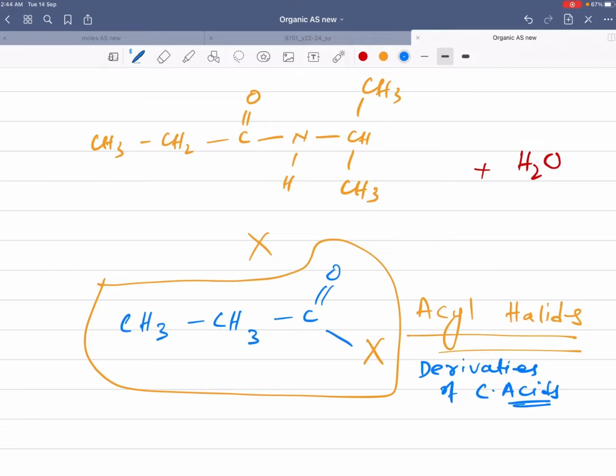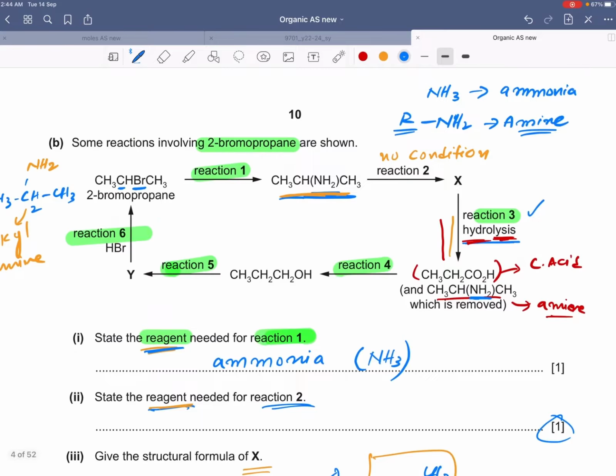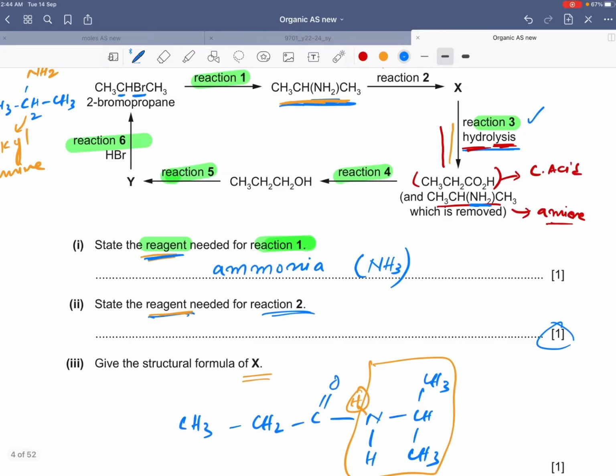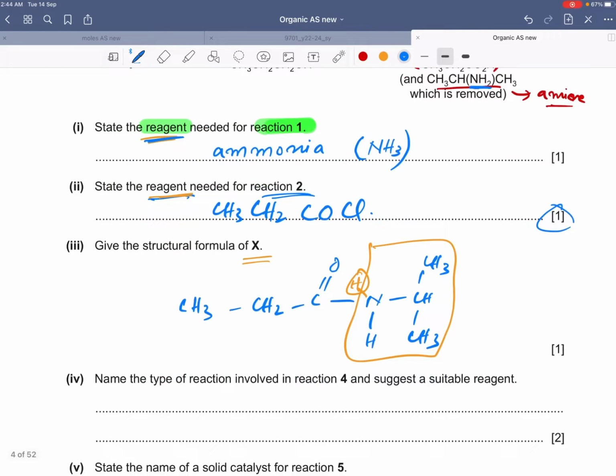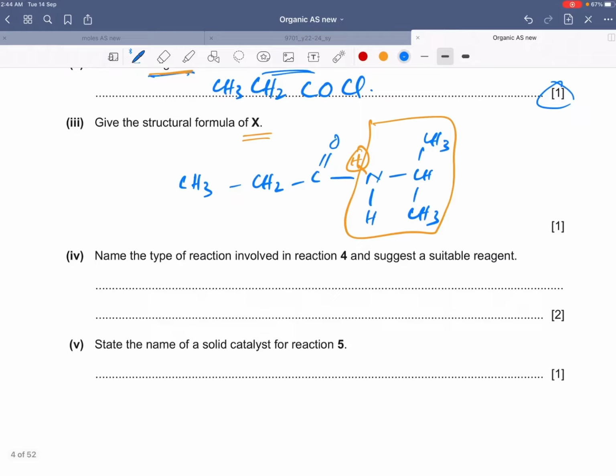So instead of writing X, we can simply write Cl. So the reagent needed for reaction 2 is CH3CH2COCl, an acyl halide. And we have already drawn the structure of X.